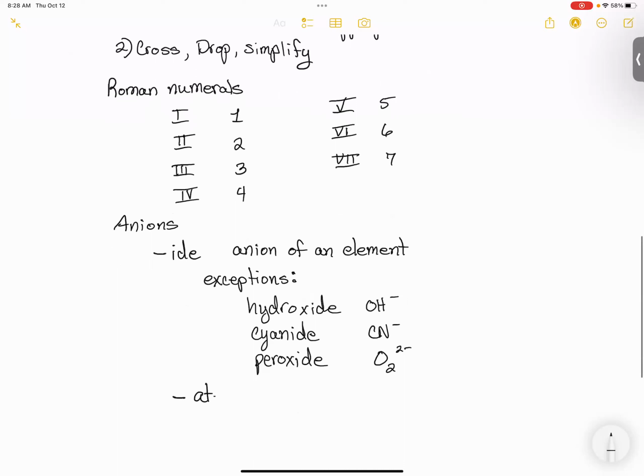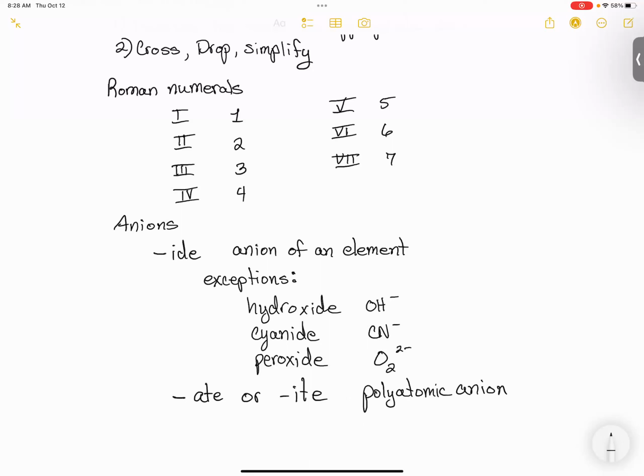If you see -ate, or if you see -ite, it means that it is a polyatomic anion. So it is very important to recognize the suffix.